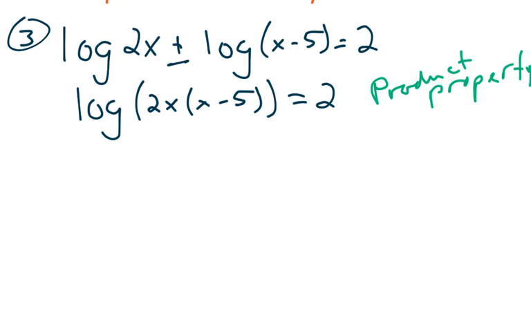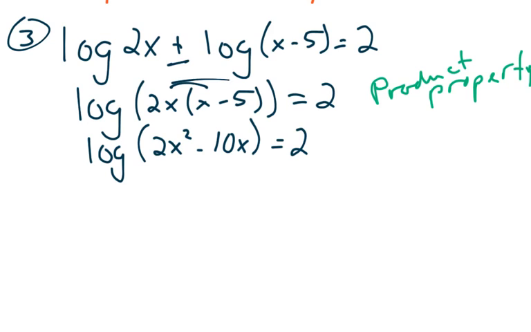Okay, product property. So 2x times x minus 5 really becomes log of 2x squared minus 10x, and that's equal to 2. I'm just distributing the 2x to both terms. Again, let's rewrite this in exponential form.